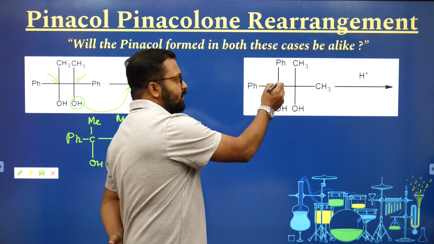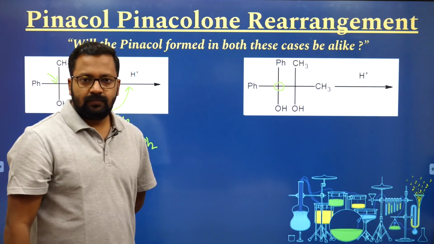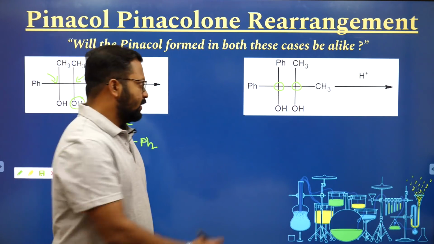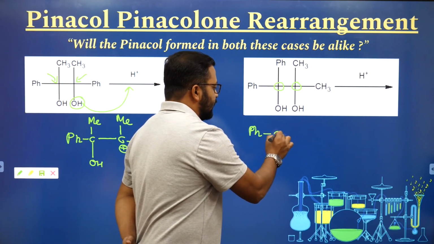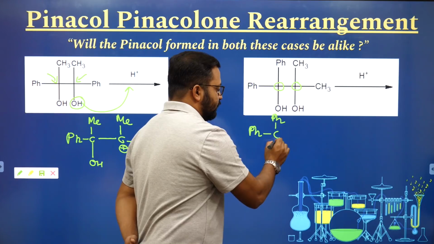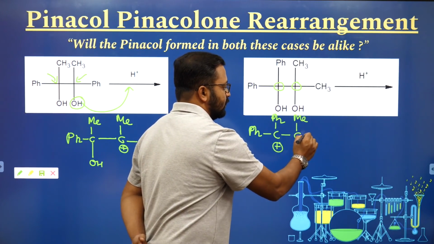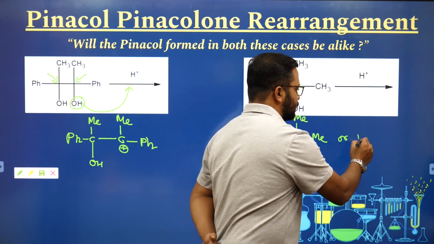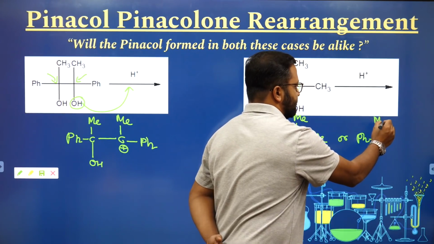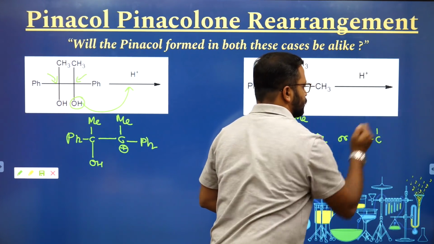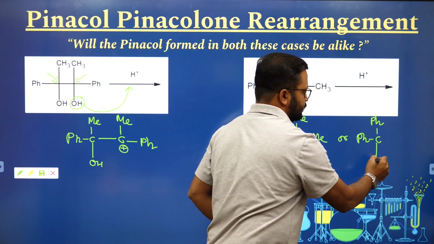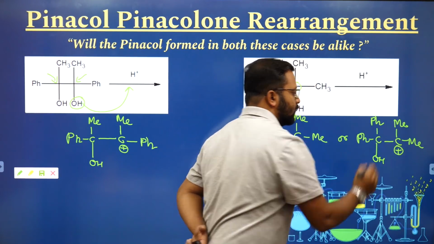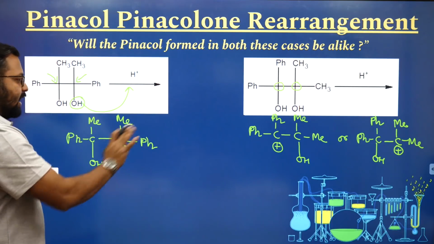I can get a carbocation where this carbon has a positive charge, or I can get a carbocation where this carbon has a positive charge. Fine, I can get something like this, or I can get something like this.